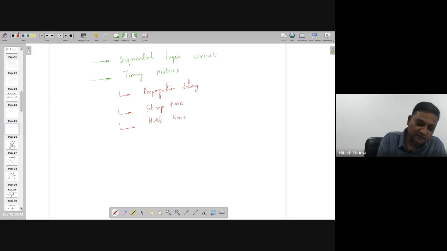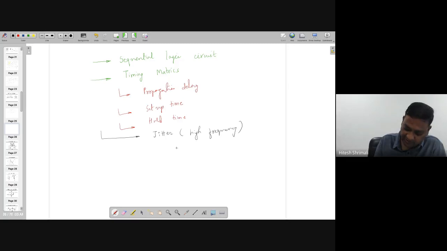As we are moving into a new era of high speed, jitter is also very important, and it is affected at very high frequency. It is not given in the book, but I talked about it and we studied a bit about it.